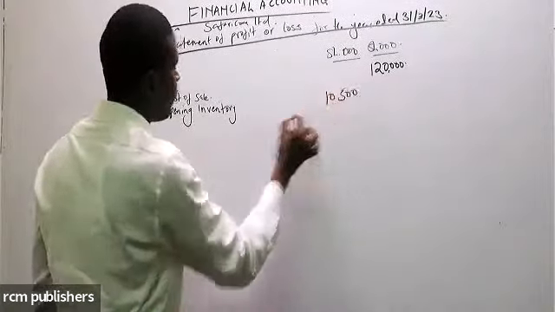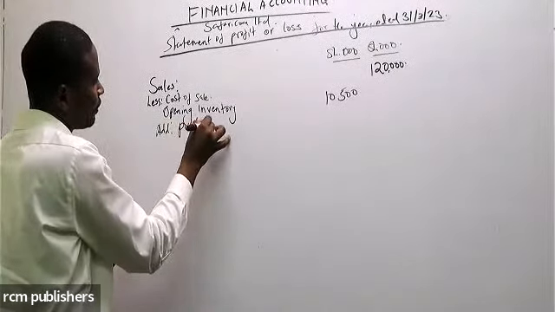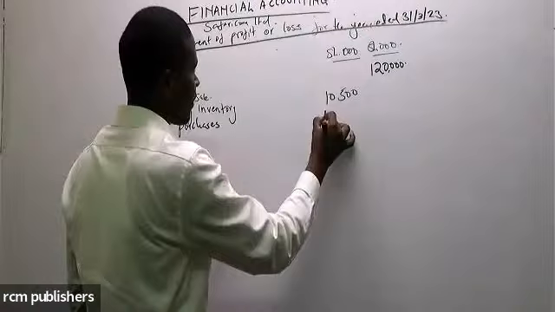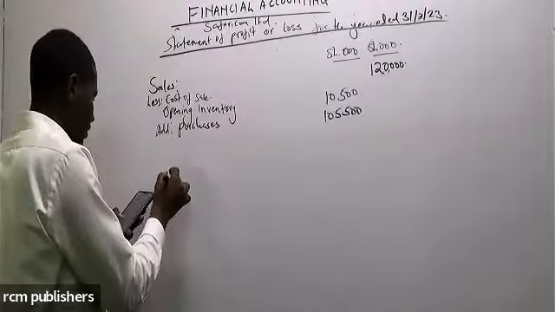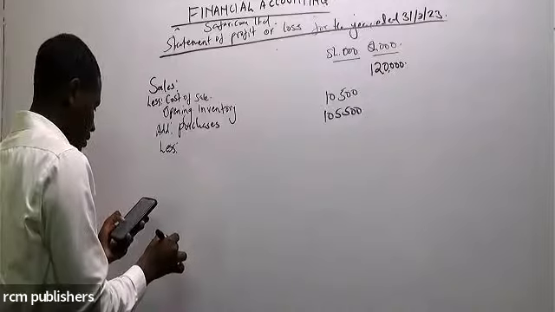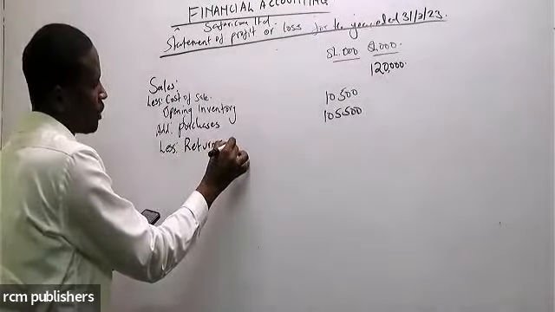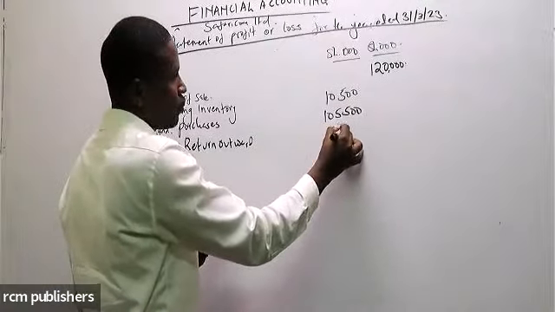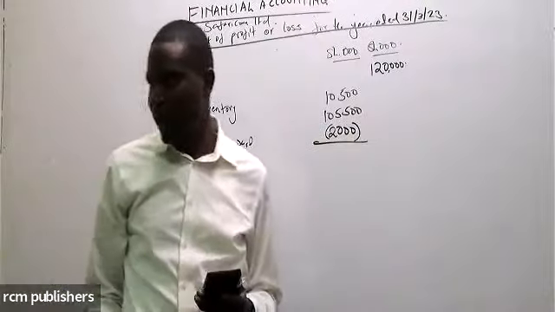You add purchases, and the purchases given here is 105,500. Then you less what? You less return outward, 2,000. When you get that, you're going to get the goods available here.